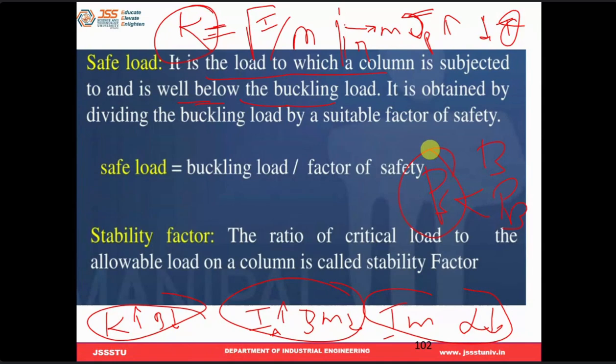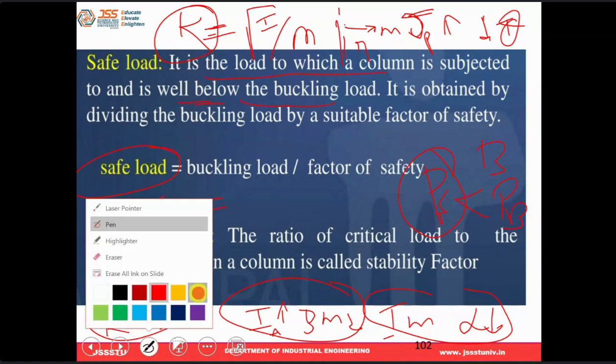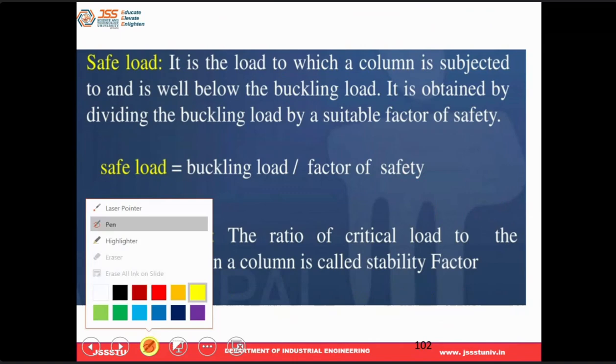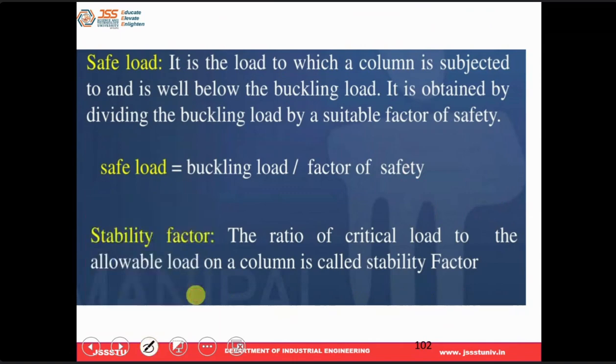So how to calculate this safer load? Again, it is calculated using a factor of safety. You all know well the factor of safety definition. What is the factor of safety definition?